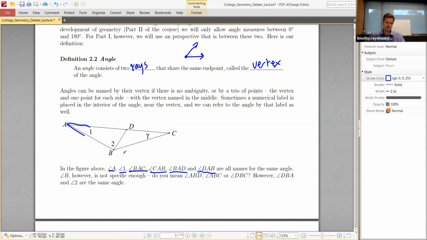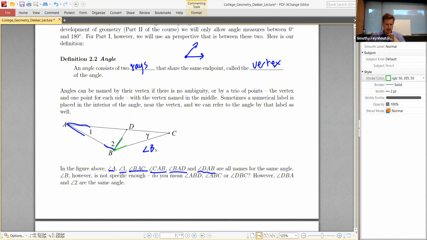However, if we wanted to use the same idea here, let's say at this angle, if I said angle B, that is extremely ambiguous because B actually has two different angles. It has this one and it has a second one given right there.